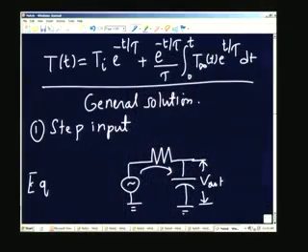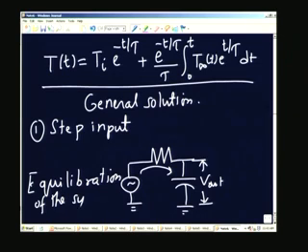So, we can say that we have equilibration of the temperatures. Equilibration of the system and the surroundings.